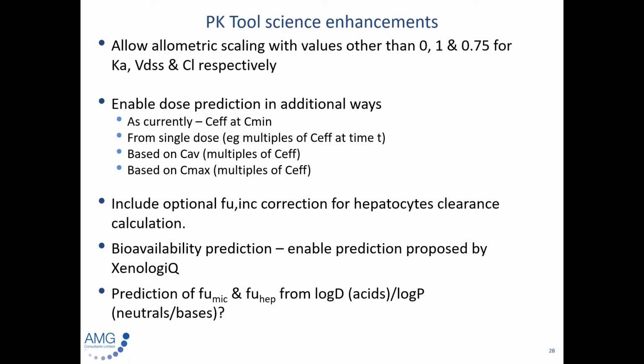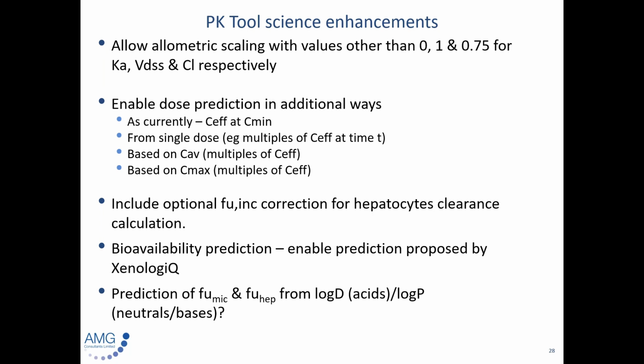One of them, not least because quite a few projects in the space of neglected diseases are interested in single dose cures, and at the moment the calculation assumes that you are at steady state in a multi-dosing regimen. So it's going to enable a prediction for a single dose, and also instead of necessarily looking at Cmin, we can base it on Cav and even Cmax.